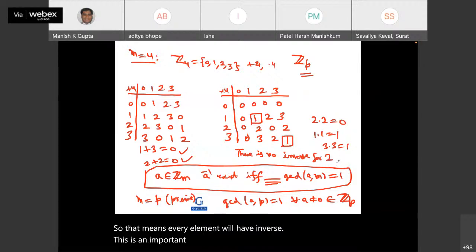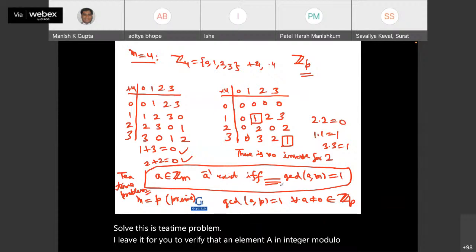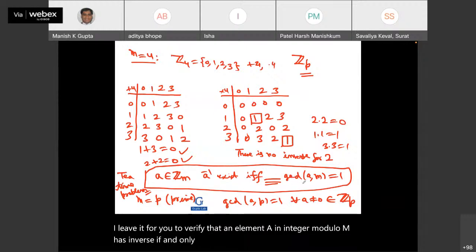So I would like to ask you, take a cup of tea or coffee in the evening and try to solve it. This is a tea time problem. I leave it for you to verify that an element A in integer modulo M has an inverse if and only if GCD of A and M is 1. You need to verify this.